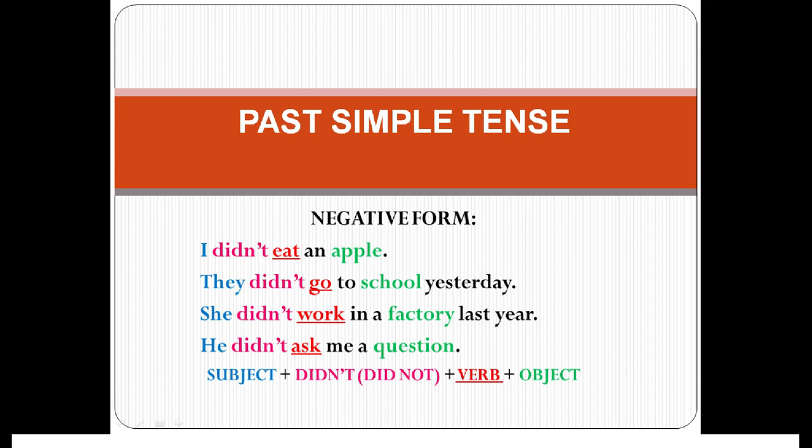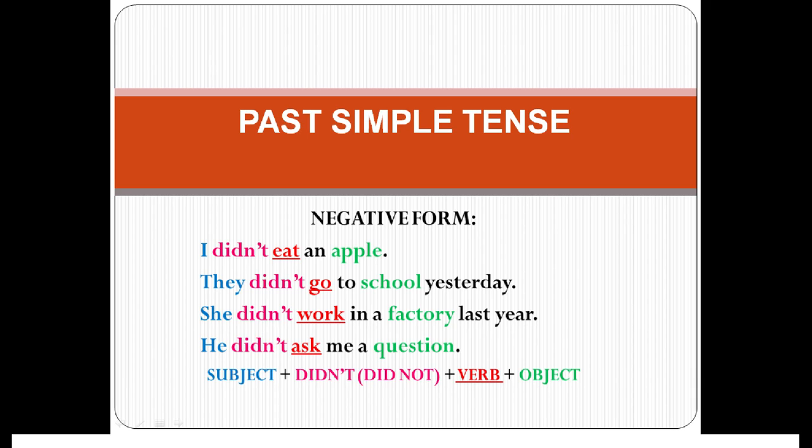The answer would be, they didn't go to school yesterday. If the question is, did she work in a factory last year? The answer would be, she didn't work in a factory last year. If the question is, did he ask you a question? The answer would be, he didn't ask me a question.